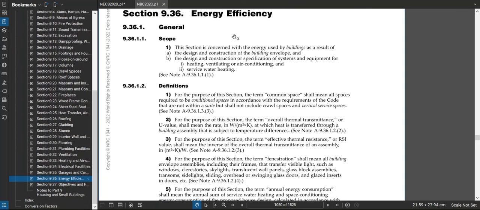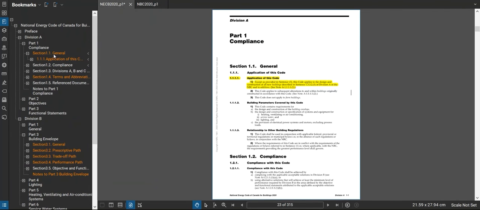So if you're using a Part 9 building, you would go through 9.36 to find the comparable requirements as far as energy code goes in a Part 9 building. So I won't focus on 9.36 in this video, but just be aware that the energy code only applies if you're in a Part 3 building.